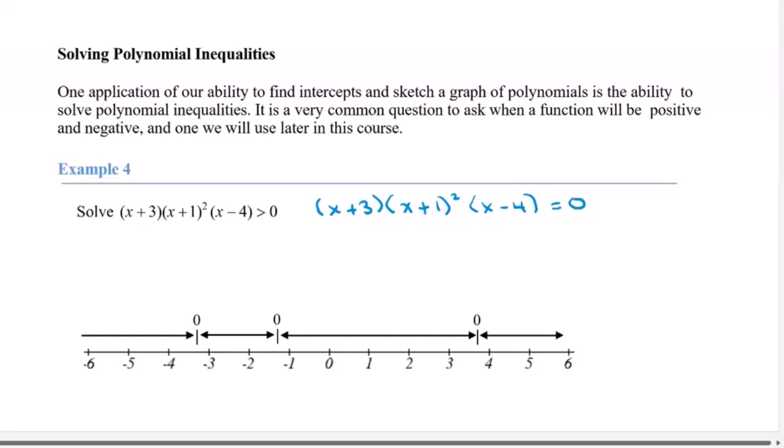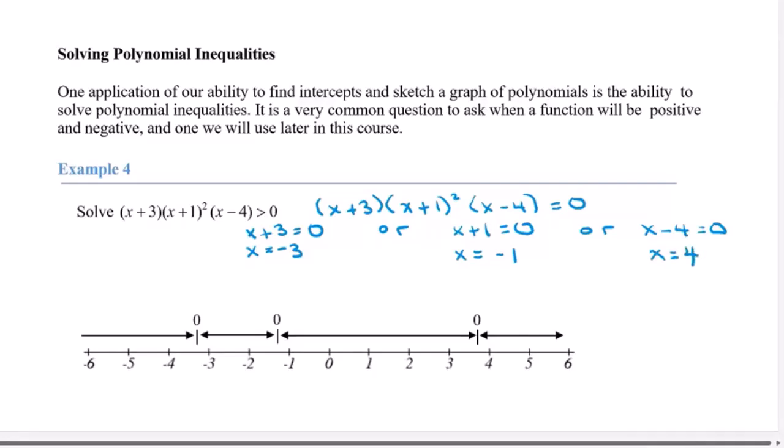Okay? That means that either x plus 3 equals 0, or x plus 1 equals 0, or x minus 4 equals 0. Because if any one of those factors or any one of those multipliers is 0, then the whole thing is going to be 0. So here we get x equals -3, x equals -1, and x equals positive 4.